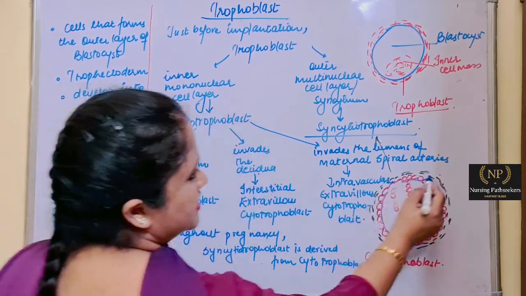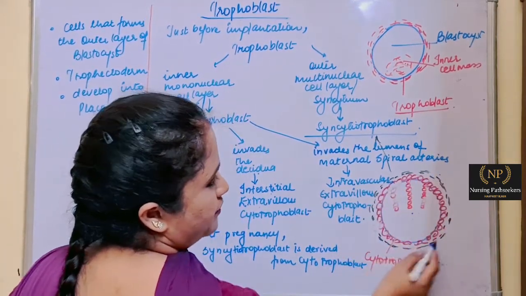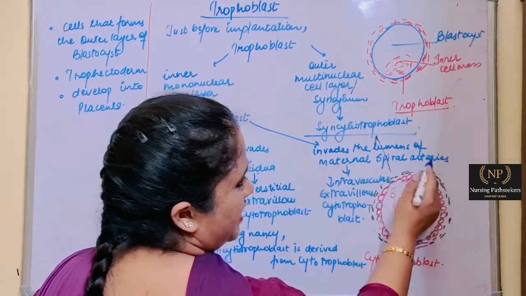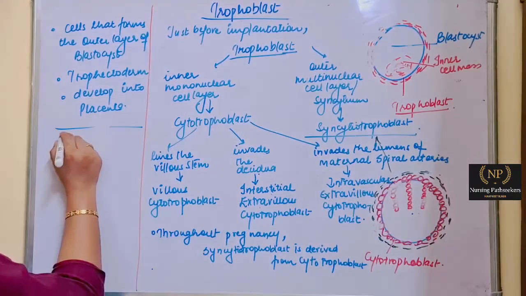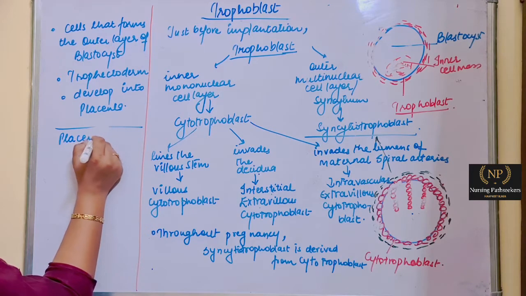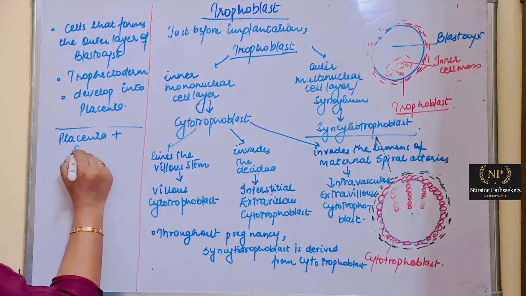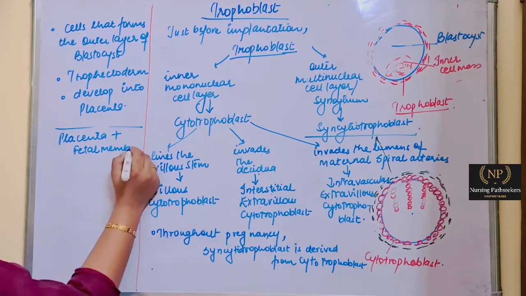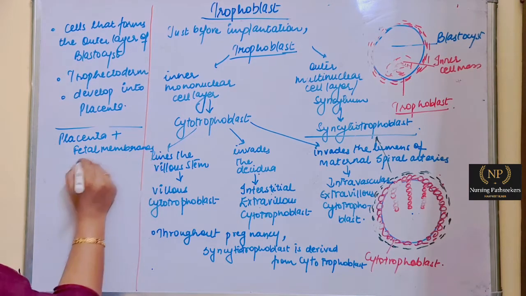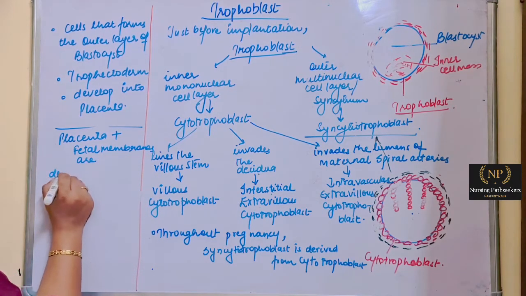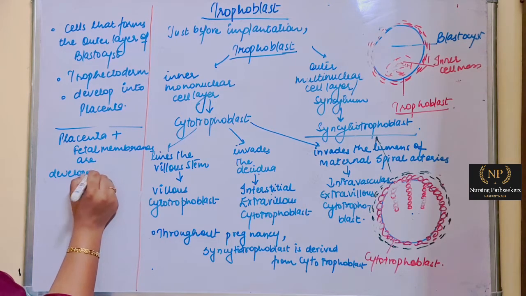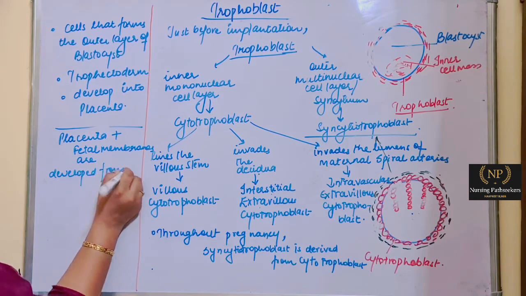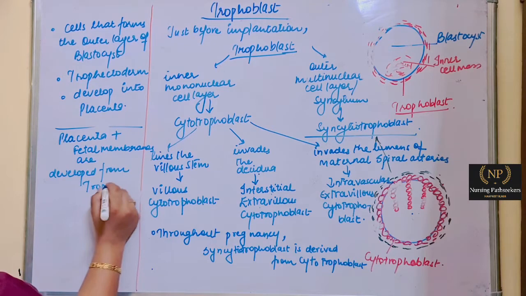The placenta and fetal membranes are developed from trophoblast.